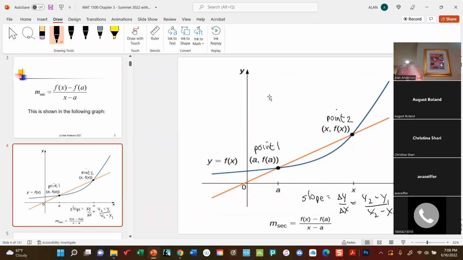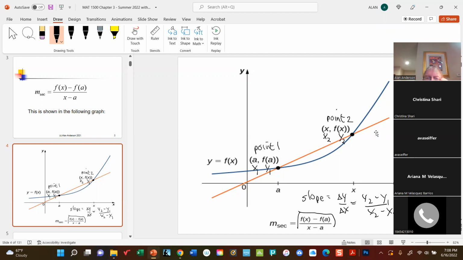Okay, and so here you would think of this as x2, this is y2, x1, y1. And so that's what this represents. It's y2 minus y1 divided by x2 minus x1. So in that sense, it's no different than any other straight line slope you've ever calculated before. It's just that the notation looks a little bit different. So that's the slope of our secant.